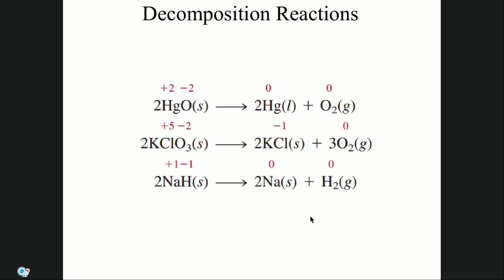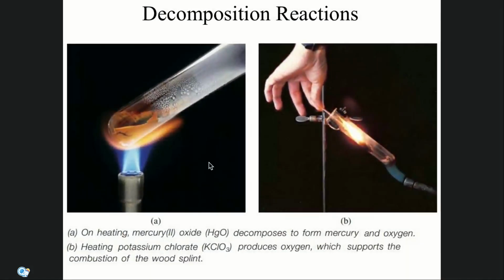In these pictures you can see these reactions. For example, the reaction of heating of mercury oxide that decomposes to mercury and oxygen, and heating of potassium chloride that also produces oxygen.